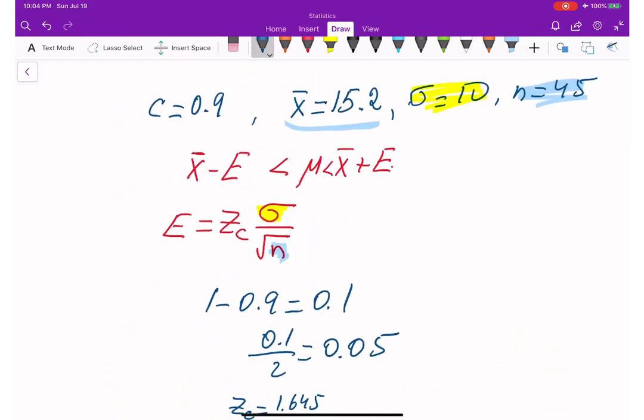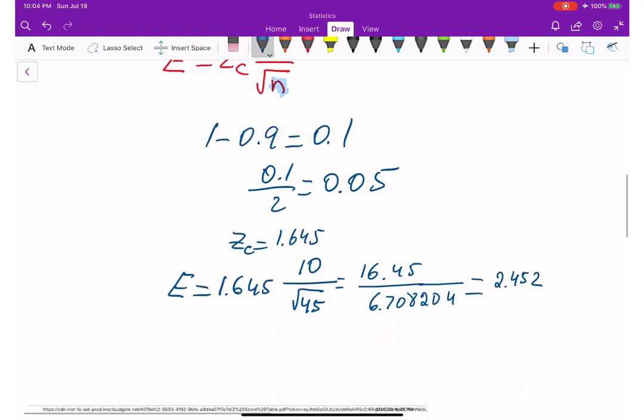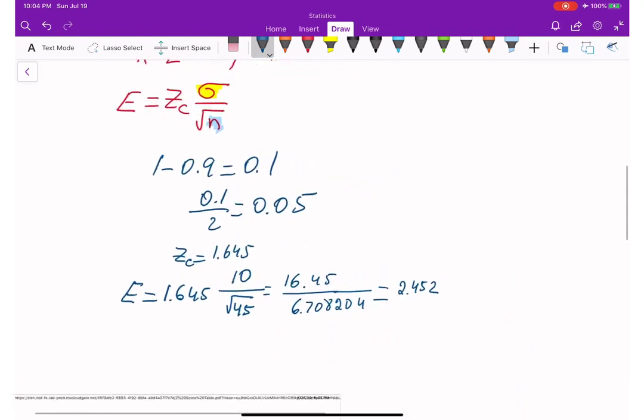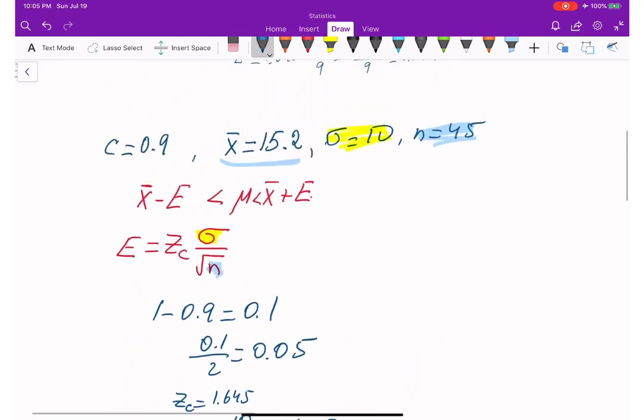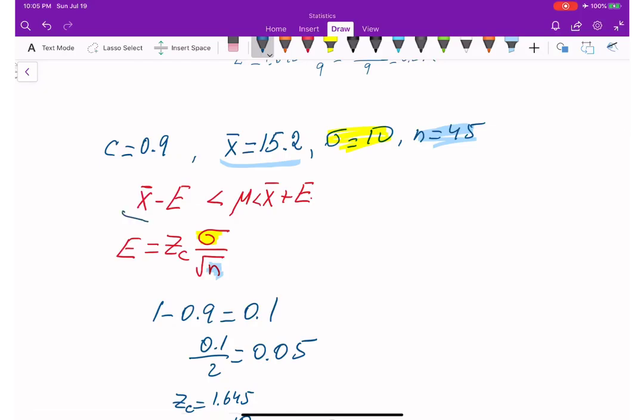And my x bar is 15.2. So from here, once I have margin of error, I'm going to add and subtract our margin of error. Now one thing I want to tell you: we are going to use x bar and the margin of error.